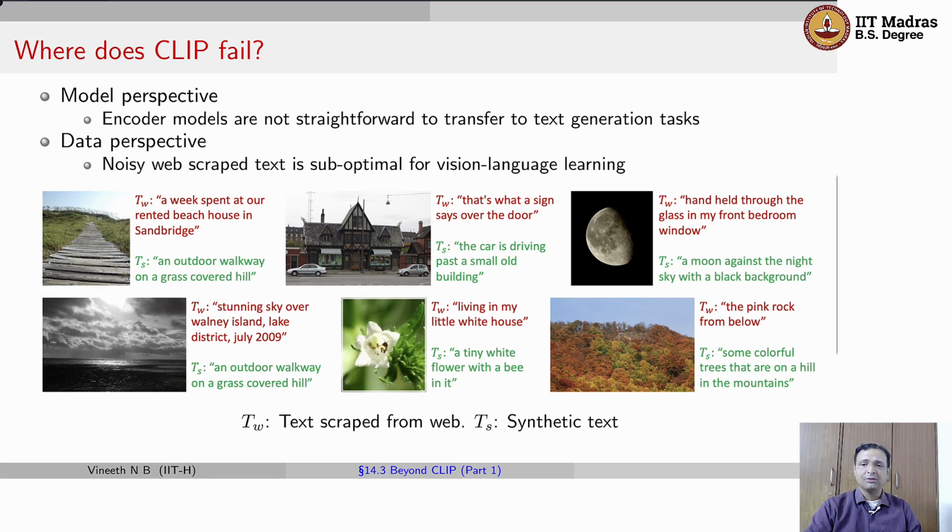A second perspective is one of a data perspective, where CLIP used web scraped data as the dataset to build their model.